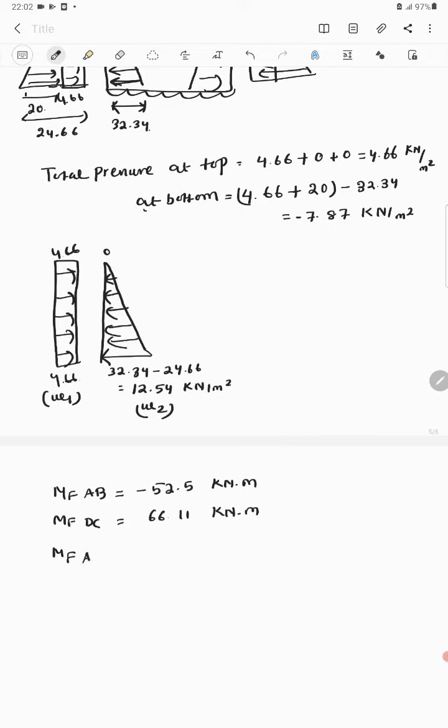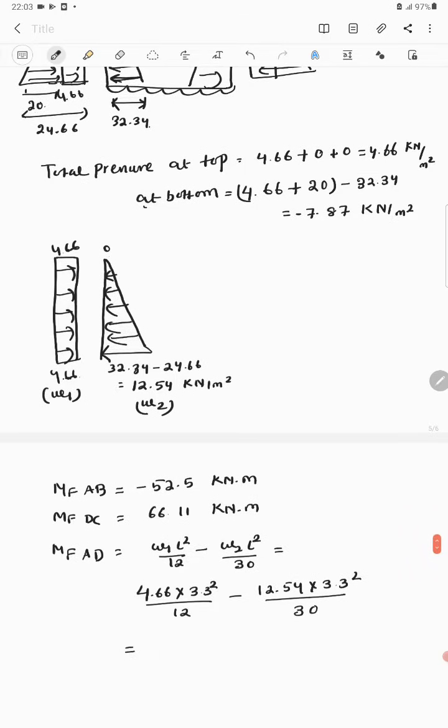Then MFAD will be W1L square by 12 minus W2L square by 30, which is 4.66 into 3.3 square divided by 12 minus 12.54 into 3.3 square divided by 30.